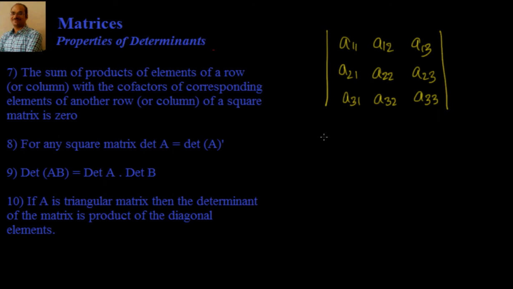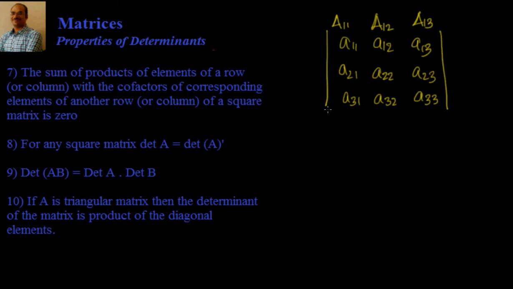Now what will you do generally to find out the determinant? You will take A11, then you will find out the corresponding cofactors. Now suppose you have taken the elements from one row and the cofactors from the other row. You just try to do that, then you will see that actually it will become 0.